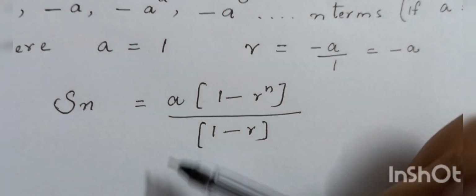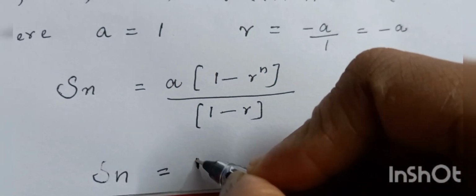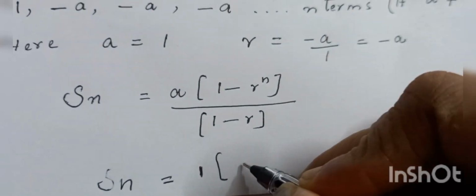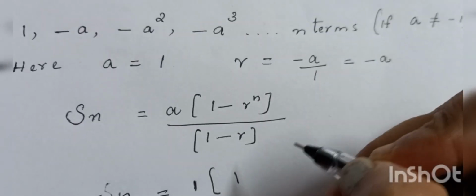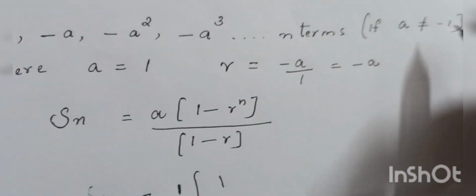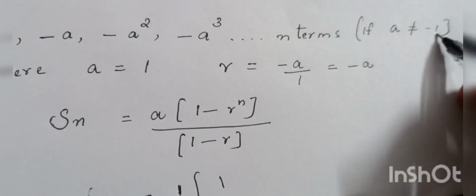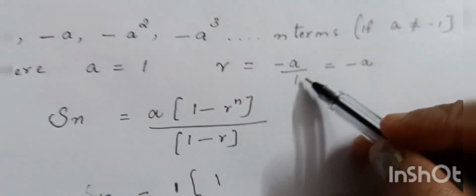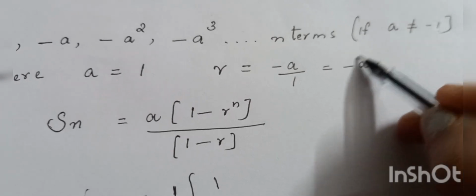Then we have to substitute the values. Okay, next step we have to substitute the value. Sn is equal to, what is a over here? A is equal to 1 in bracket 1 minus, given that a is not equal to minus 1 it is given. So common ratio is negative.